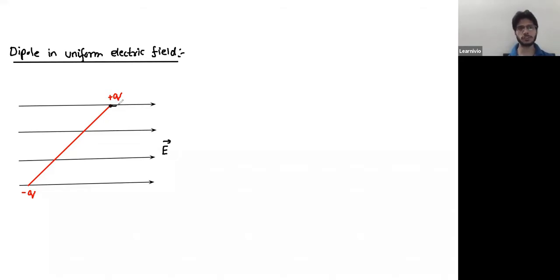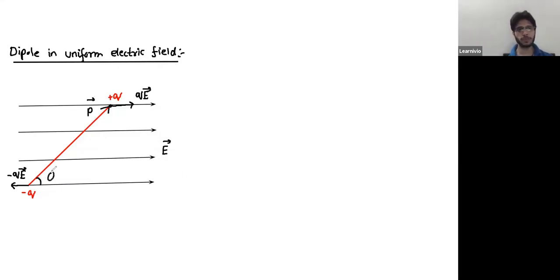So this positive charge will experience a force in the direction of electric field, which is QE. The negative charge will experience the same force in the opposite direction, which is minus QE. And the direction of dipole moment is always from negative to positive.